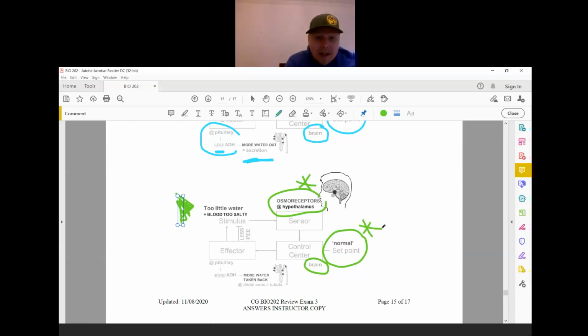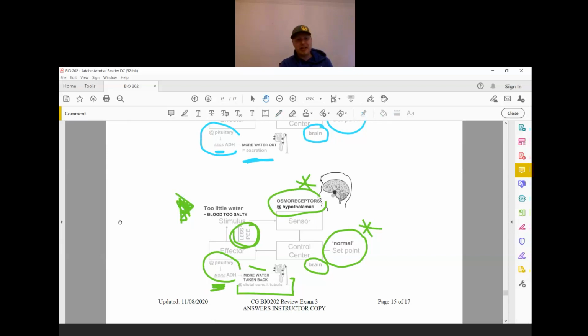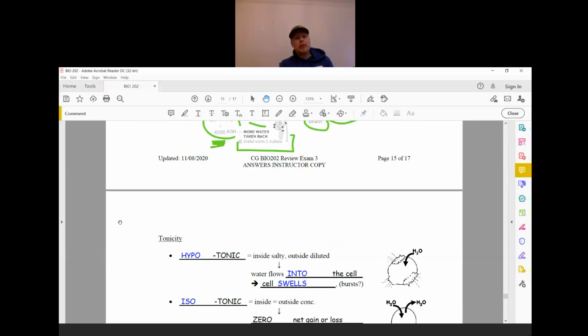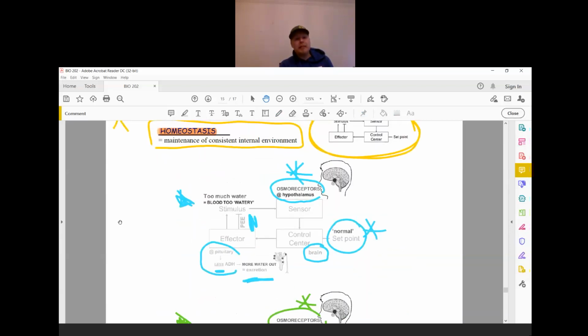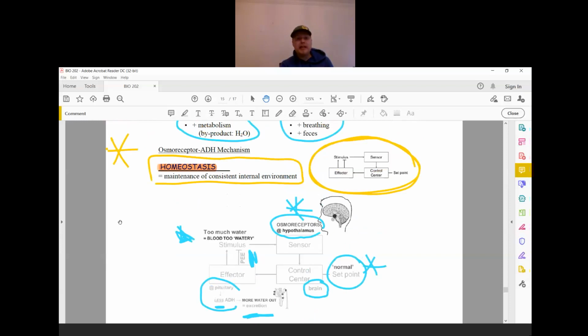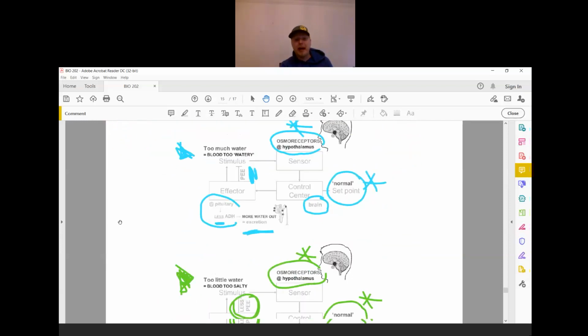If it's not, we start to make more ADH, antidiuretic hormone, which results in more water being taken back. So more water is now being taken back to the blood, and as a result, less urine is being made. So you end up urinating less and start to save all the water in the body. So those are the two important concepts of the osmoreceptor ADH mechanism explained in a simpler manner.